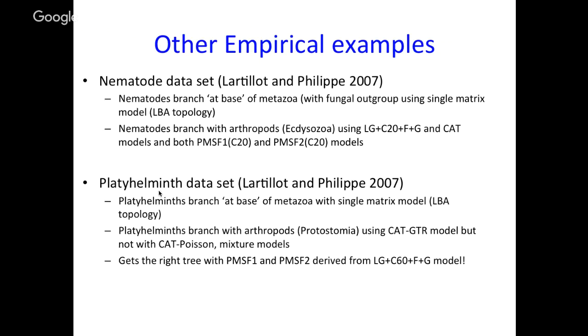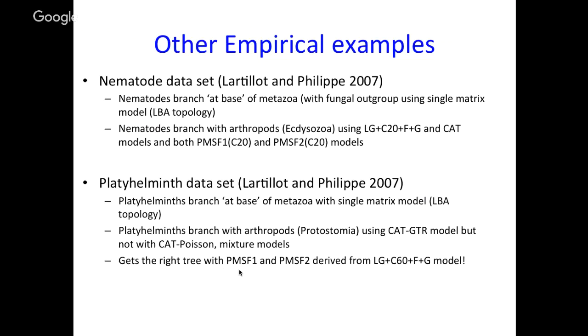In the platyhelminths data set, where we expect, based on animal phylogeny, that platyhelminths should go with arthropods to the exclusion of deuterostomes, with the single matrix model, you get platyhelminths, again, going to the base of metazoa because of their long branch.